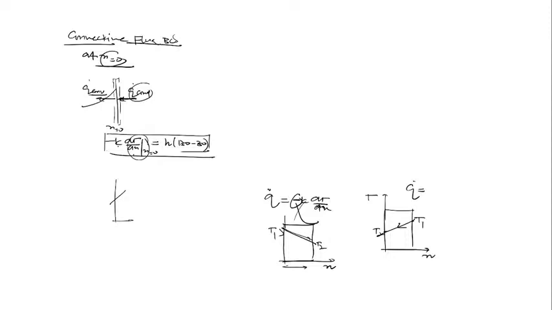You should write each and every point. Here x is there. Which Fourier law should I write here? Minus k or plus k?